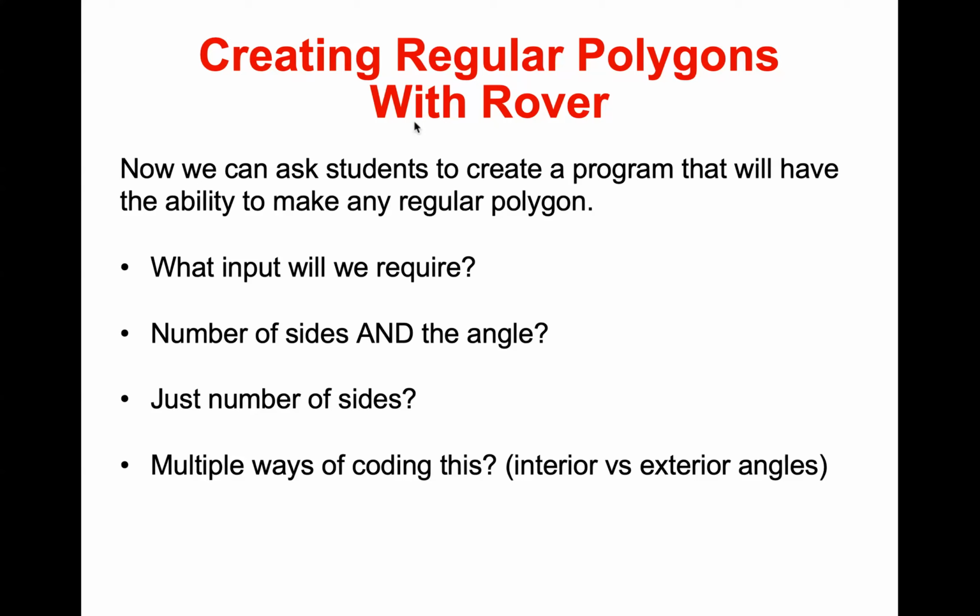Quite honestly, I did this activity in the summer with a group of students, and this just naturally came up. It organically came up: we want the user to be able to dictate the number of sides, whether it's a 3-sided figure up to whatever it might be. And then the code has to be adjusted in such a way that it will generate that.